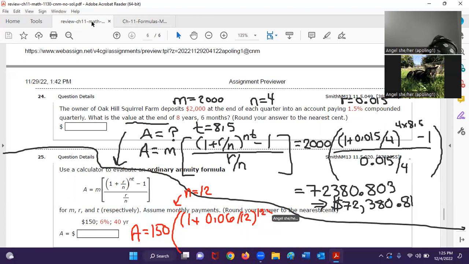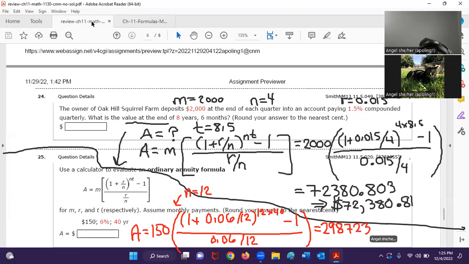Raised to the power 12 times 40, take away 1, all over 0.06 divided by 12, which is, double check, everything's correct, which is 298,723.610. So we have $298,723.61 for number 25.